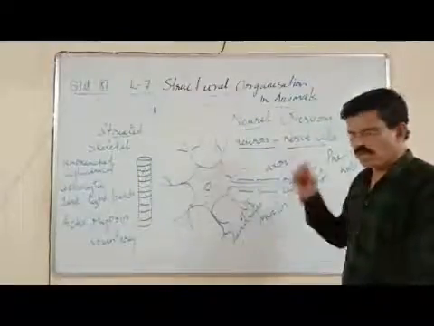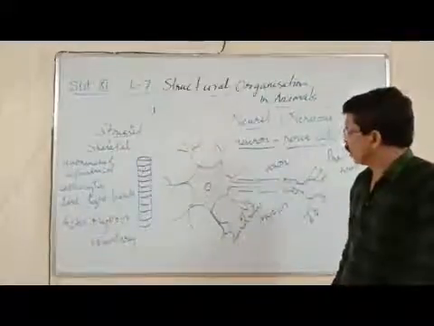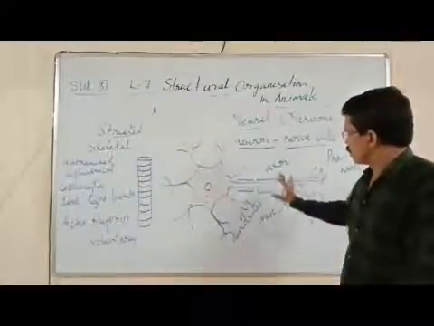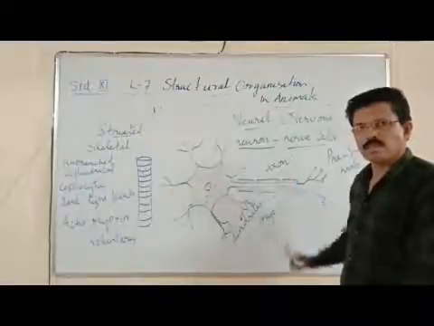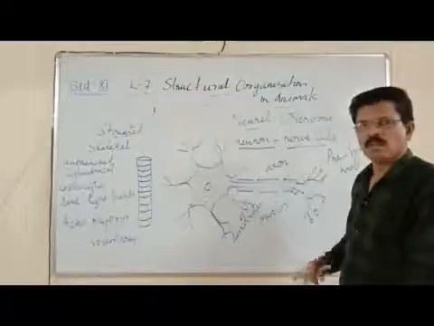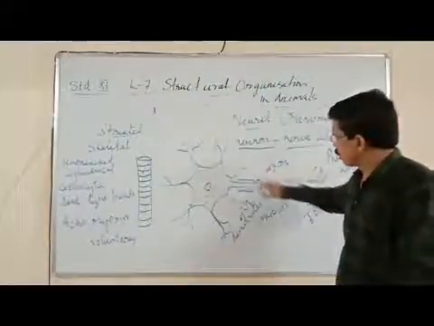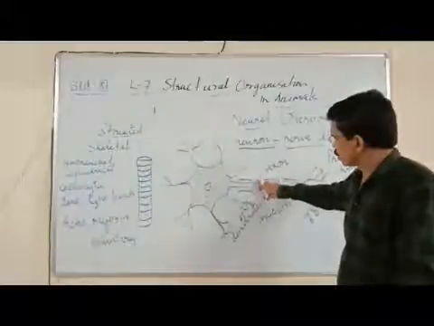So neurons or nervous tissue is the fastest communication system because of the presence of the myelin sheath. The myelin sheath makes the impulses move very, very fast. The details of this you might have seen in previous years.